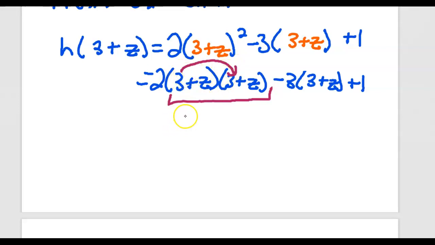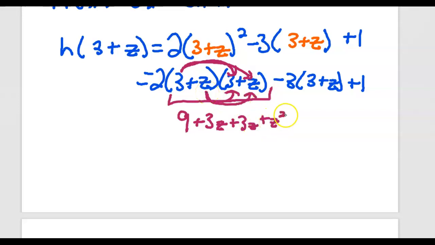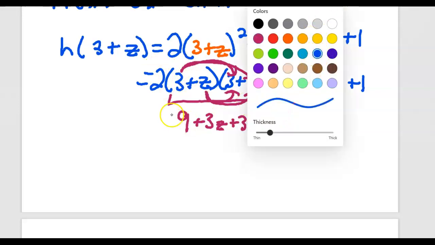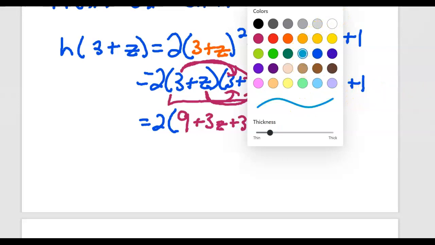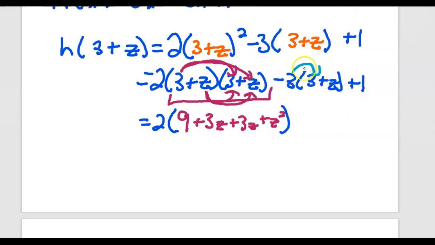I'm going to take 3 times 3, which is 9, 3 times z, which is a positive 3z, z times 3, which is another positive 3z, and z times z, which is a z squared. Now notice it still has that 2 sitting out front, so I've still got to multiply this by 2, and then I'm going to go ahead and multiply the negative 3.